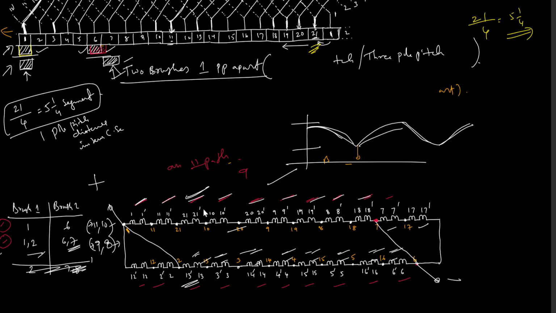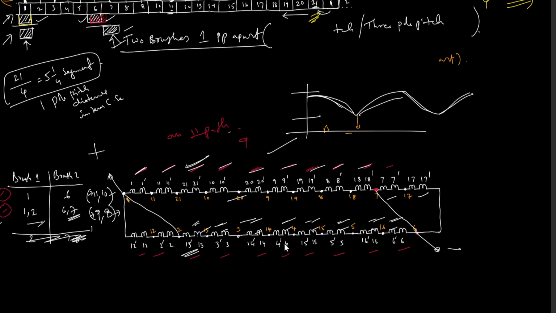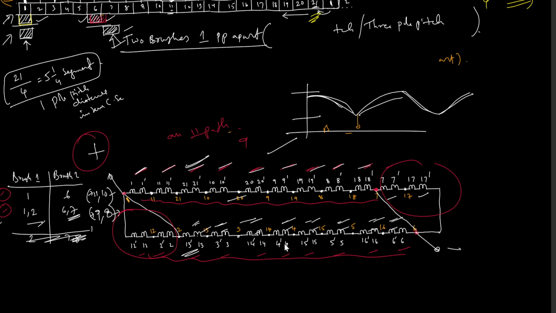So once we position the brushes, then we can see what actual coils come into the two parallel circuits. Depending upon the brush positions, we see which coils are shorted, remove those, and the remaining will be the coils between the two brushes, plus and minus.